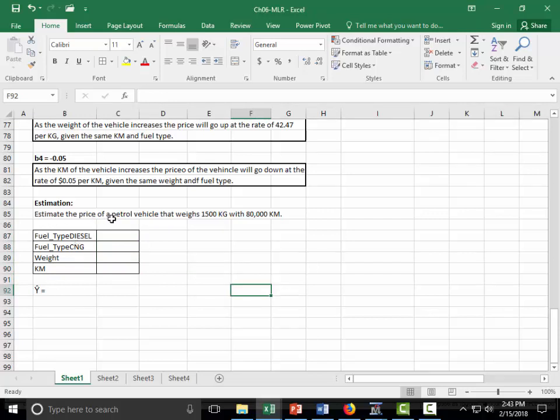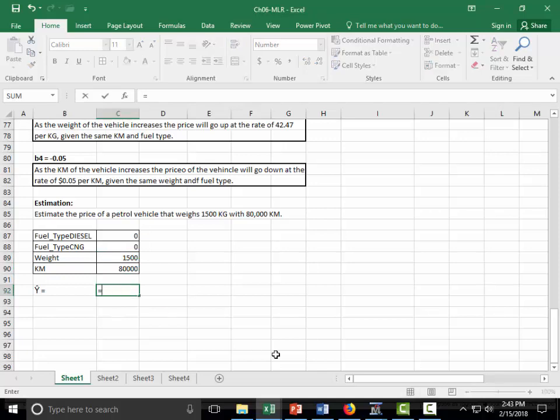Estimate the price of a petrol vehicle that weighs 1500 kilograms. So this is 1500, 80,000. Suppose, sometimes these are given in thousands or hundreds, in which case you have to make the adjustment. The fuel type, if the vehicle is petrol, then they both are zeros.